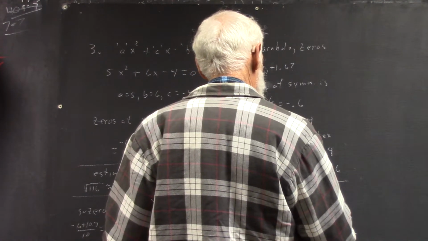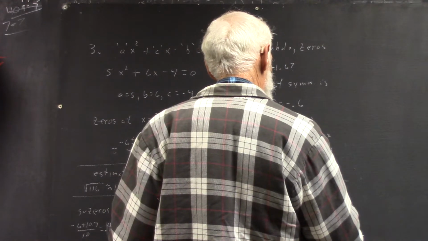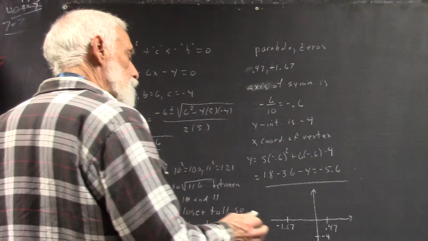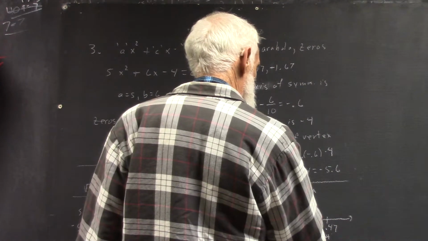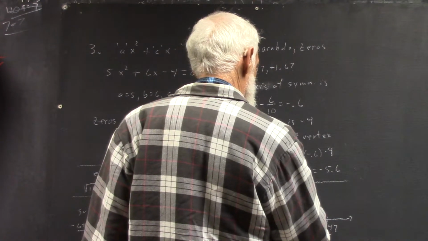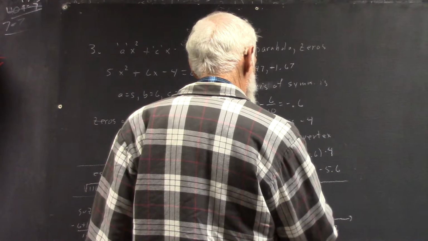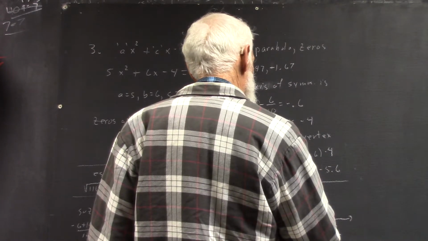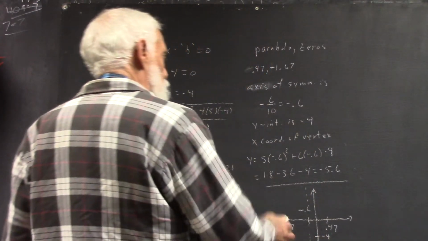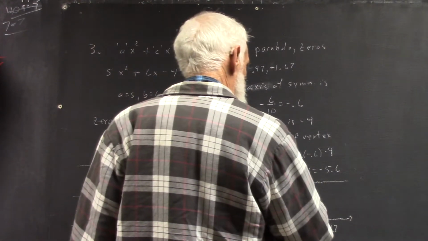Then you can say, okay, here's -4. -0.6 is going to be halfway between these. That's going to be your axis of symmetry. And your y-intercept is going to be at -5.6.